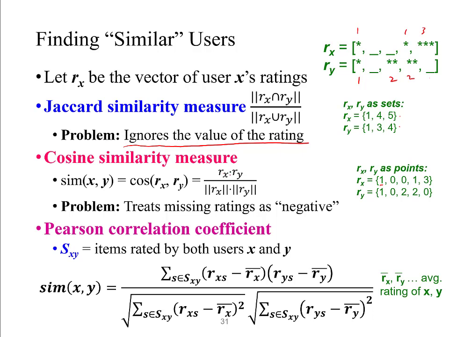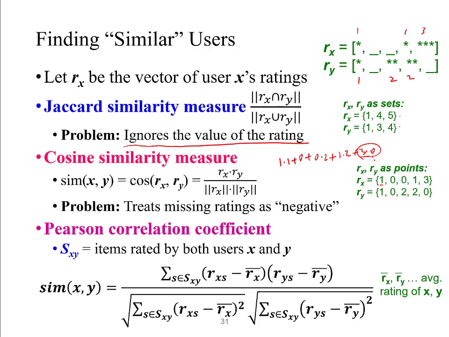Now, if we consider the inner product of Rx and Ry, in this example it would be 1 times 1 plus 0 plus 0 times 2 plus 1 times 2 plus 3 times 0. Whenever we have a 0 here, no matter how large this 3 would be, the product is 0.